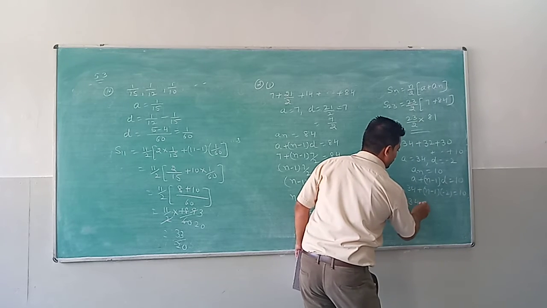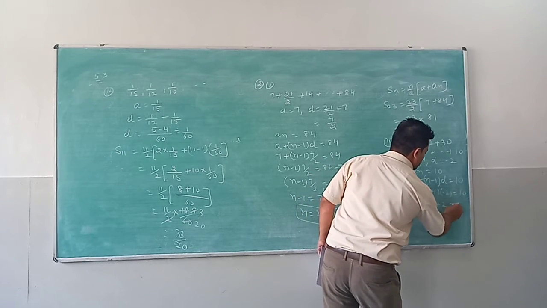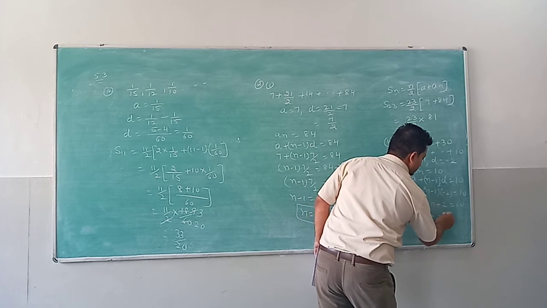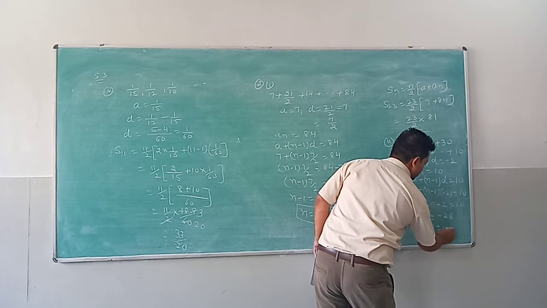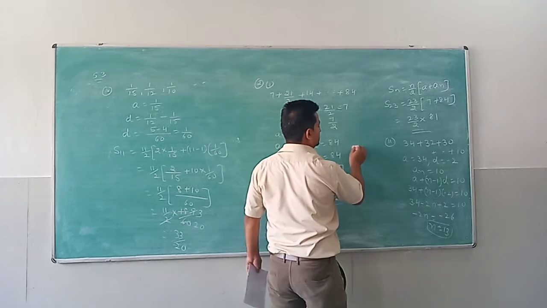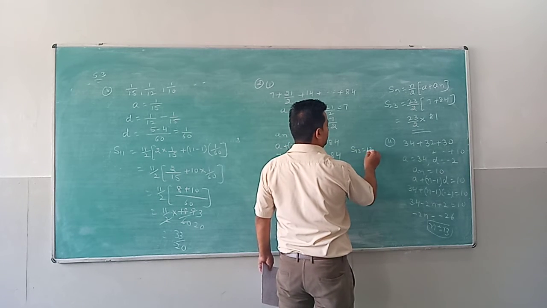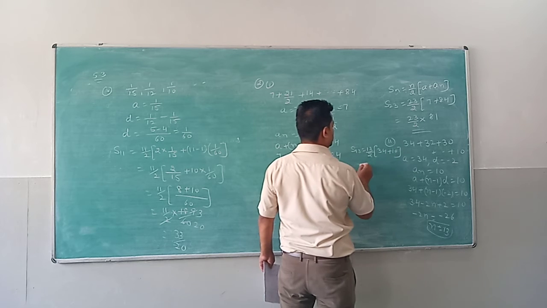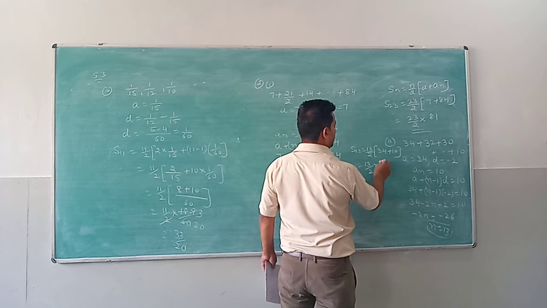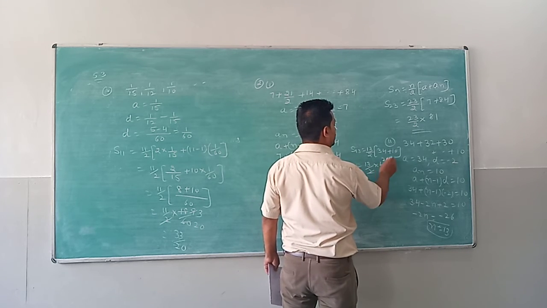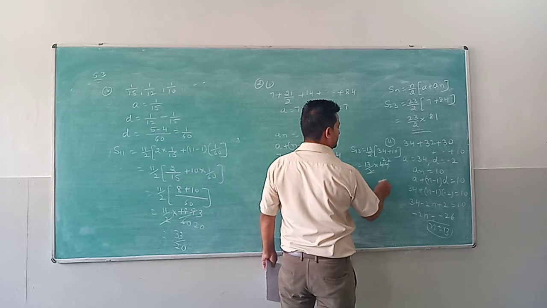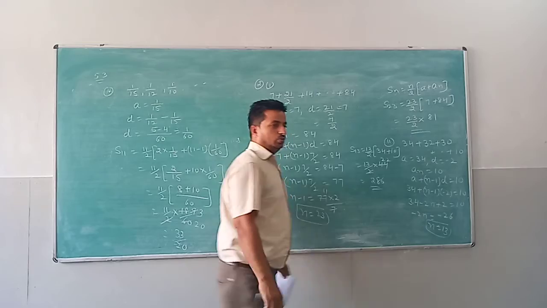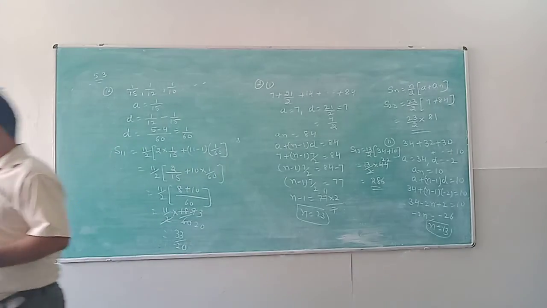So this is 34 minus 2n plus 2 equals 10, minus 2n equals minus 26, so n is 13. And S13 is 13 by 2 into a plus an, 34 plus 10. So this is 13 by 2 into 44. This cancels out, so 22 into 13. This is 286. So 286 is the sum of this AP.